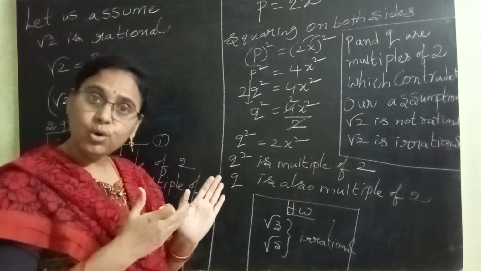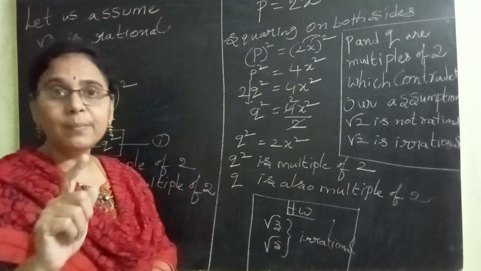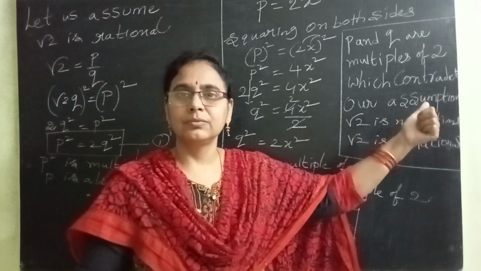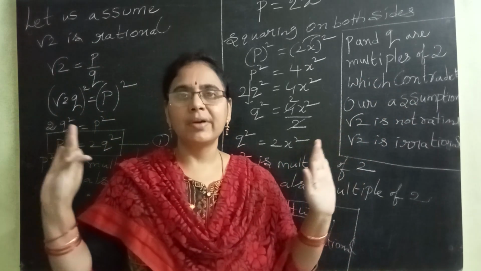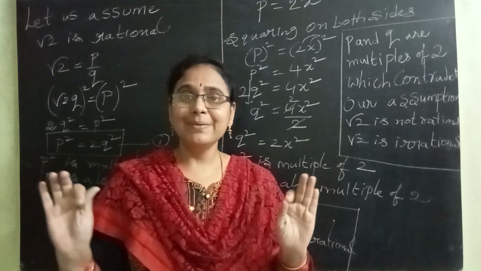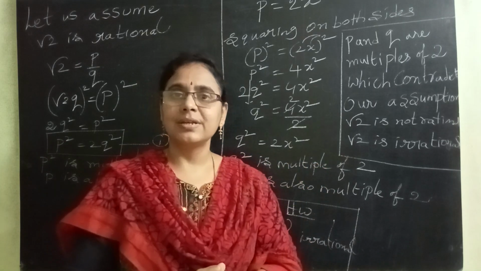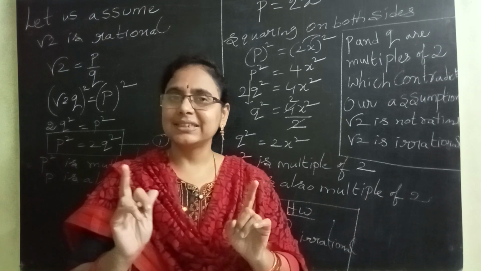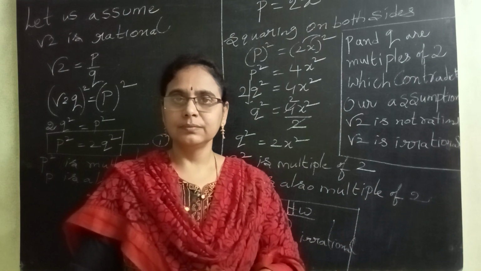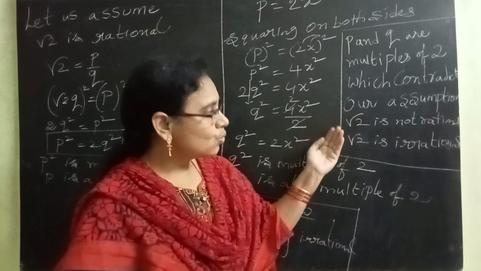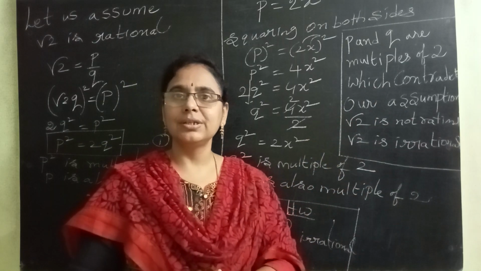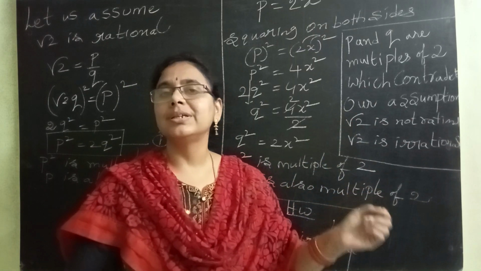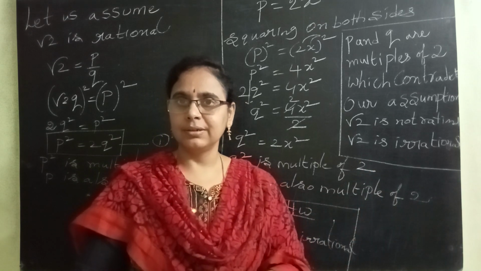That means both p and q have the common factor 3, which contradicts our assumption. They must be co-primes. They do not have any common factors except 1. So root 3 is not rational. We proved root 3 is irrational.